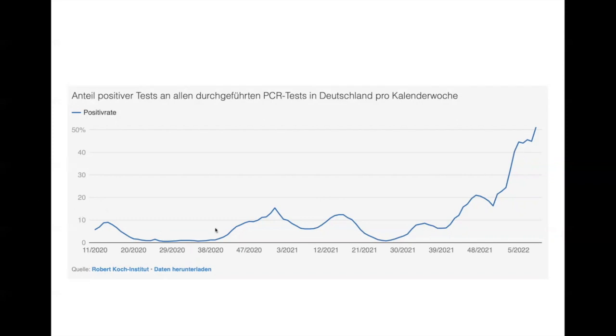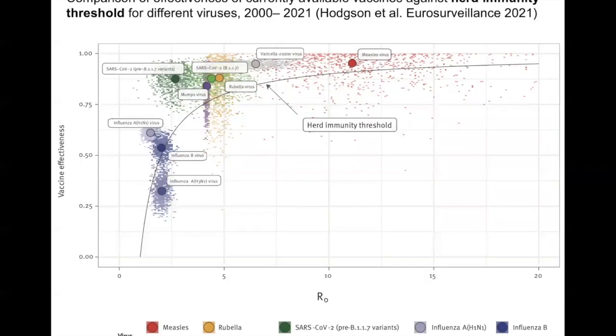So in the beginning, you had a relatively low rate of positivity, meaning most of the cases would be found and the underreporting would be small. At the moment, the underreporting must be enormous and nobody cares. Anyway, okay.